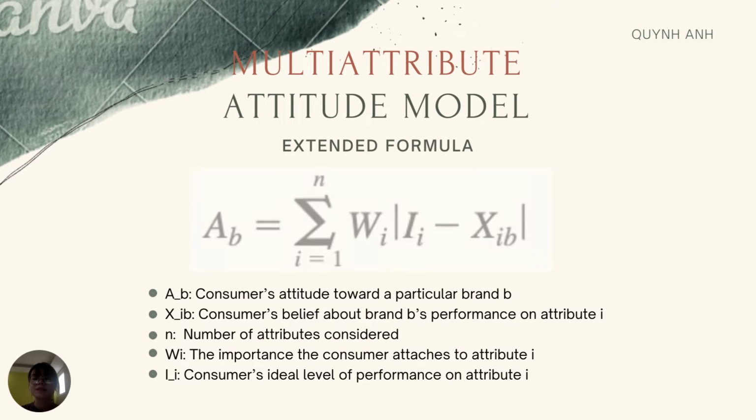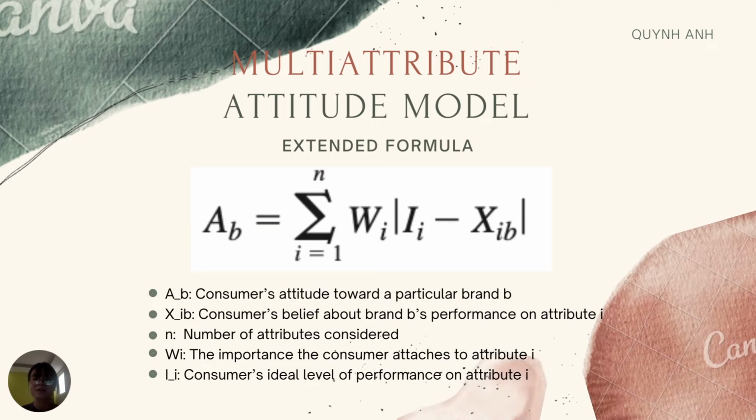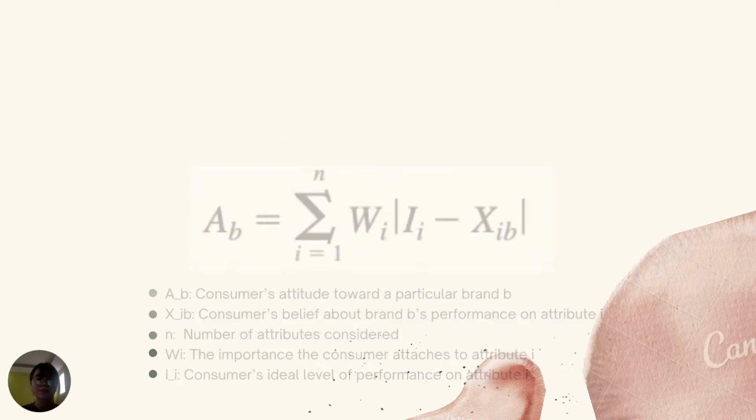However, because the consumer may place varying degrees of importance on various attributes, we must include the importance weight in the formula. In addition, the consumer's ideal level of performance on the attribute is also important, so we also need to consider that consumers prefer products that have performance close to their ideal level. Therefore, the closer to zero the attitude index is, the better.